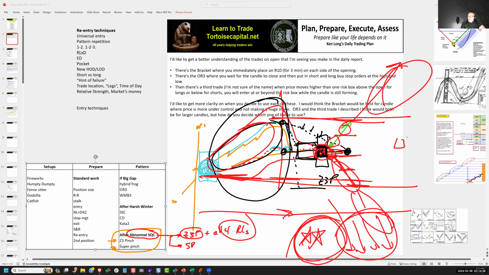So now you have a tightly compressed box where the Z3 lines captured everything, and you have the RL10, the RL30, the RL90 is in there, and the RL270. All of that stuff is tightly compressed inside the super pinch, and that's like a little acorn.